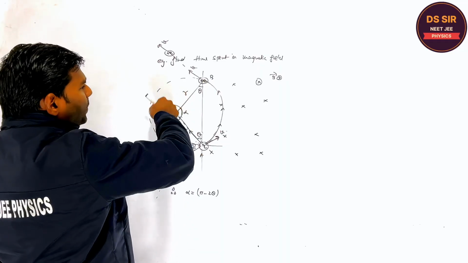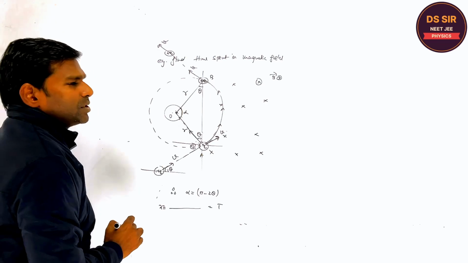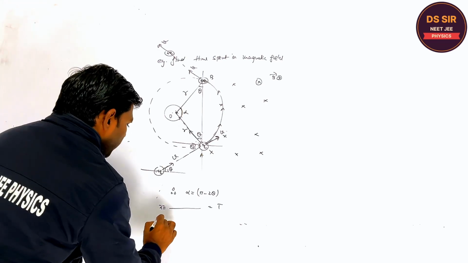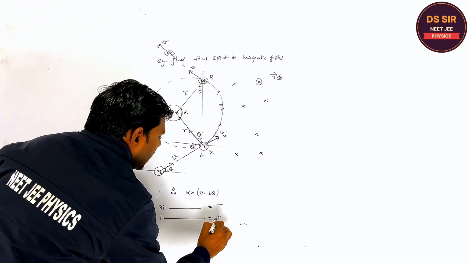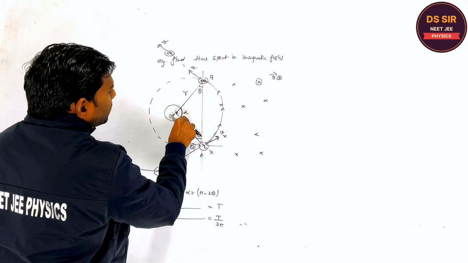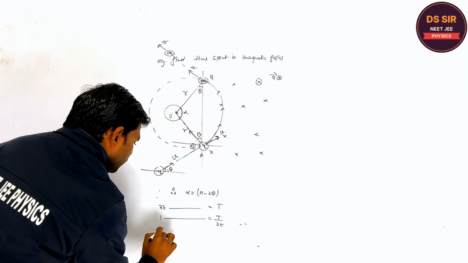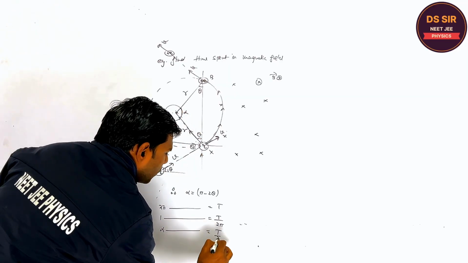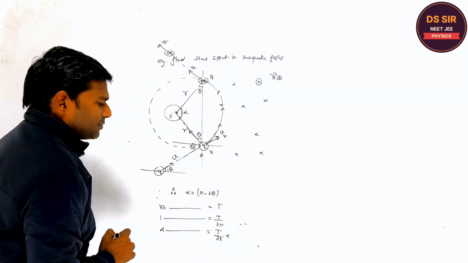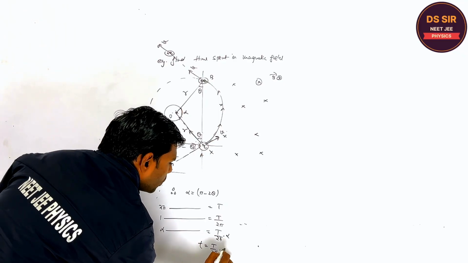So if it completes the angle 2 pi, the time is T. For 1 radian, the time is T upon 2 pi. The angle subtended by this particle at the center is alpha, right? Therefore the time is T upon 2 pi into alpha.